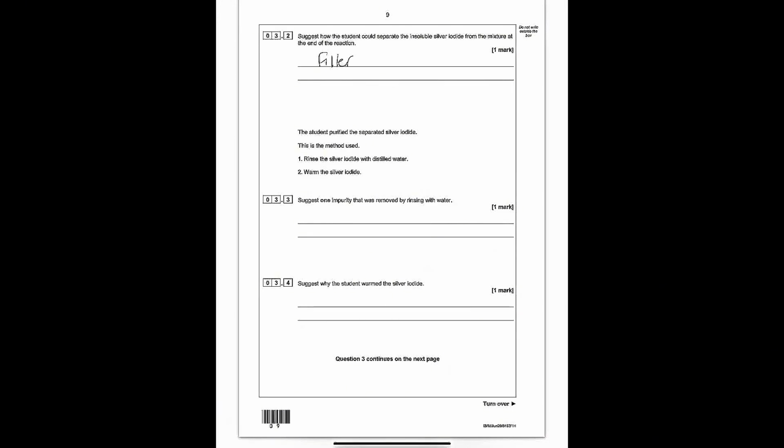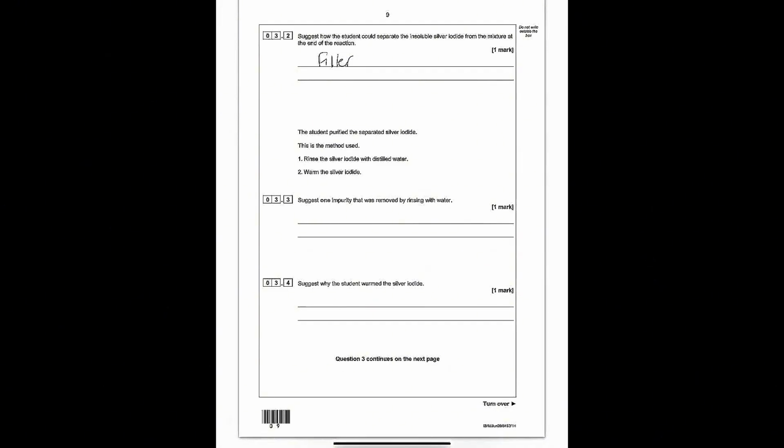And then the student purified the separated silver iodide. This is the method that they use. Rinse the silver iodide with distilled water. Warm the silver iodide. Suggest one impurity that was removed by rinsing with water. And the impurity would be basically sodium nitrate, or you can write down silver nitrate or sodium iodide.